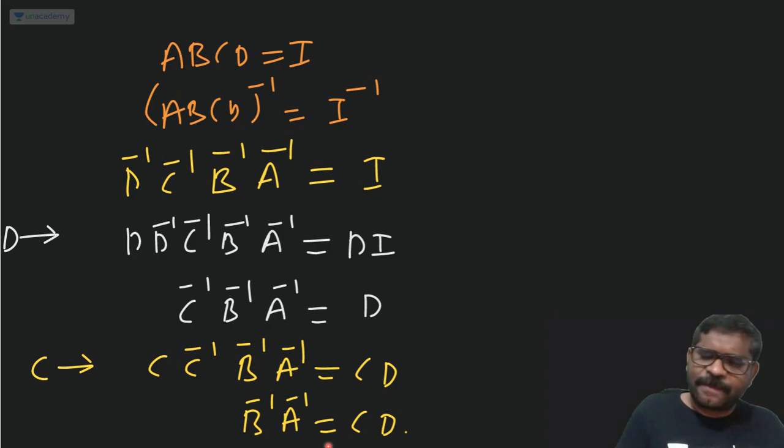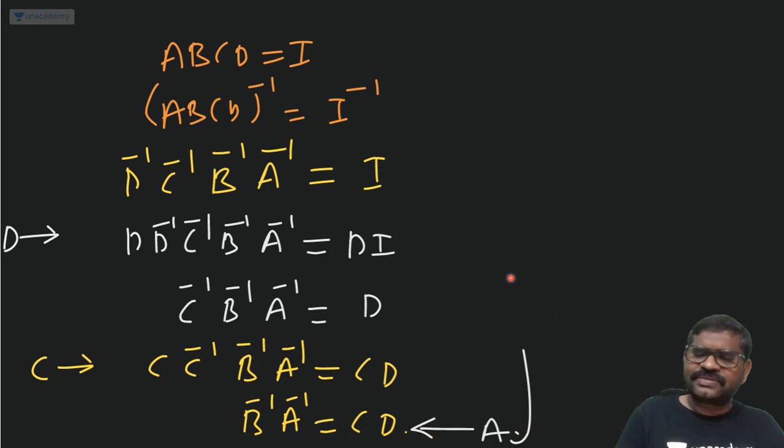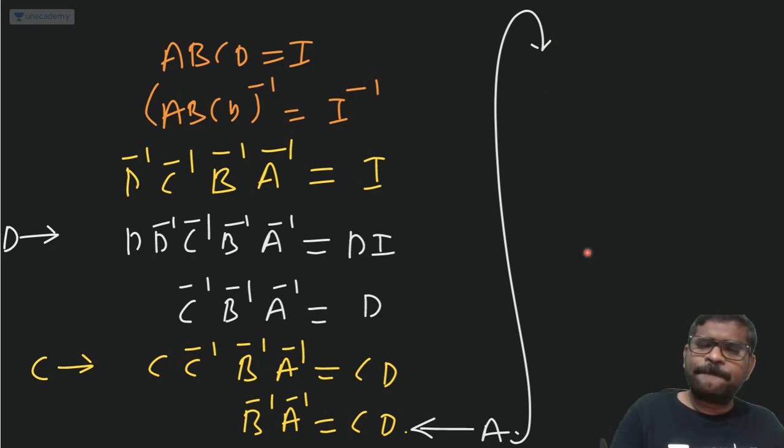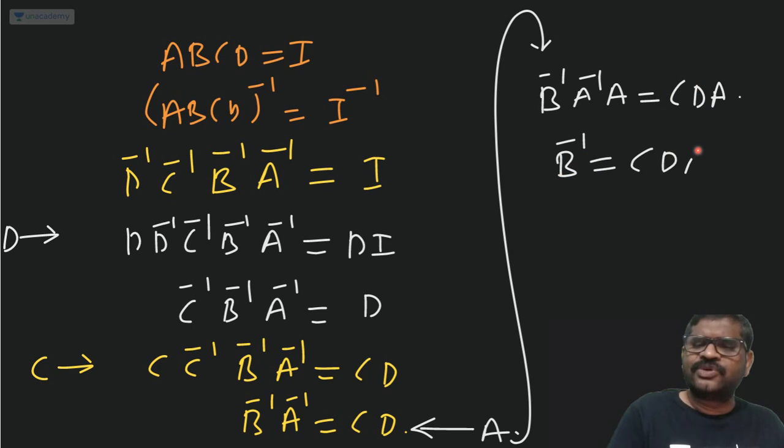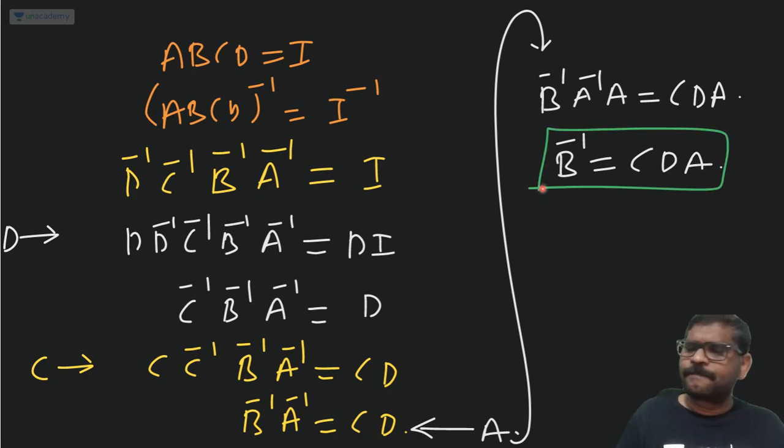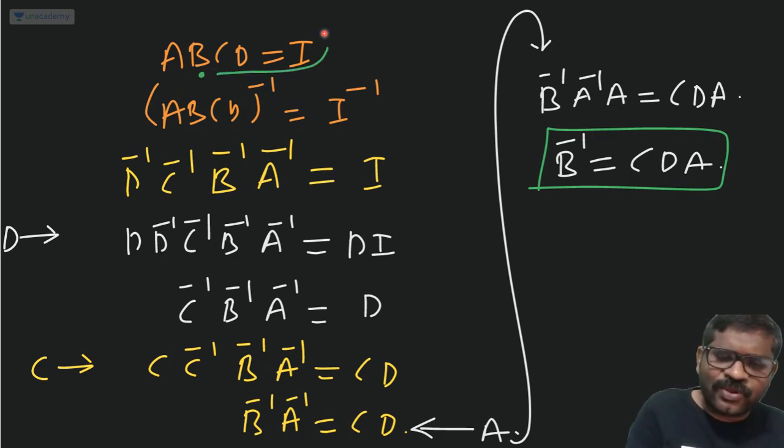Now multiply with A from the right. B inverse, A inverse, A equals CDA. So B inverse equals CDA. That's why I said, if you want B inverse from matrix B, follow counterclockwise order: CDA.